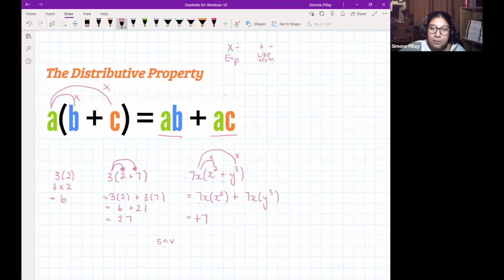And then if I multiply my variables, it's x times x squared. And when I multiply my variables, my exponent rules apply. And that tells me when I multiply exponents that have the same base, I can add the exponents. And so that is what I've done over there, because remember 7x also has my invisible exponent of 1.